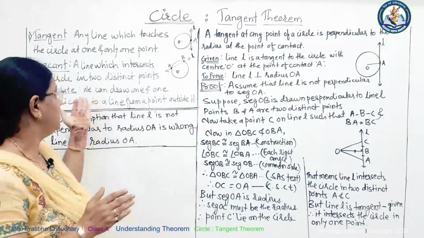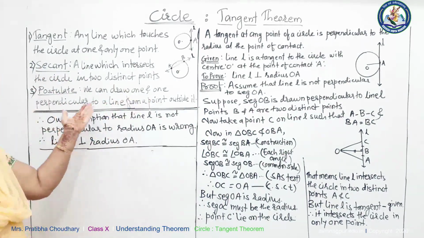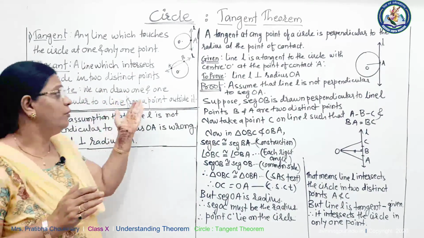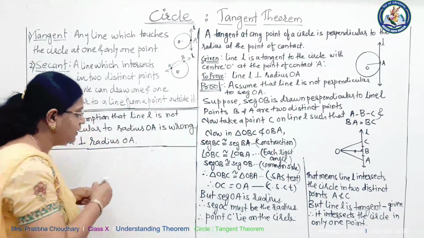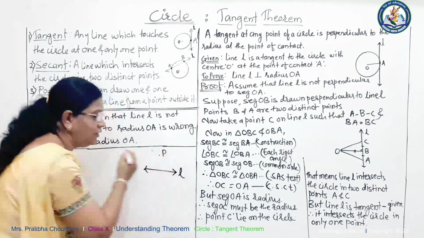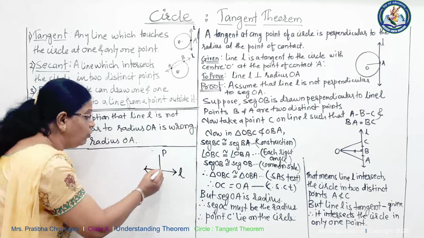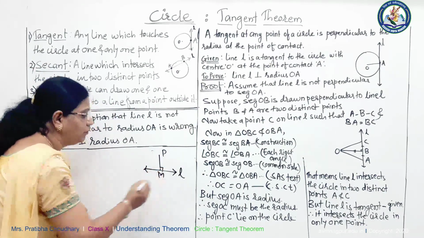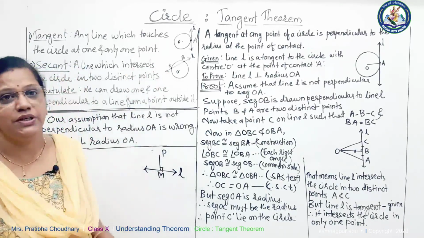One of the axioms is: we can draw one and only one perpendicular to a line from a point outside it. That means if a line is given to you and a point outside that line is given, from this point to this line we can draw only one perpendicular. We will use that here.